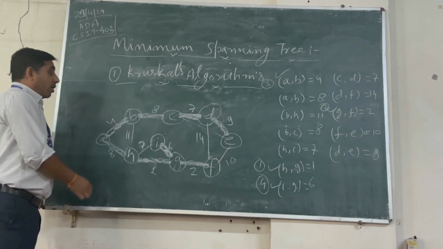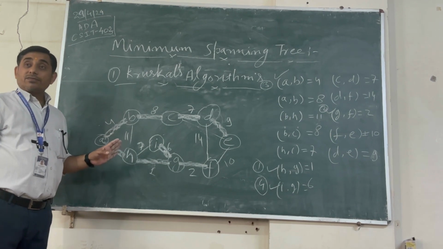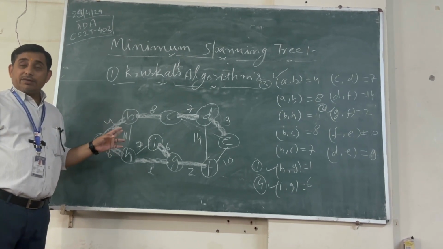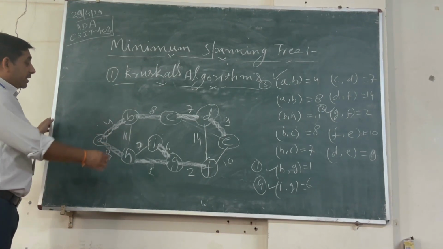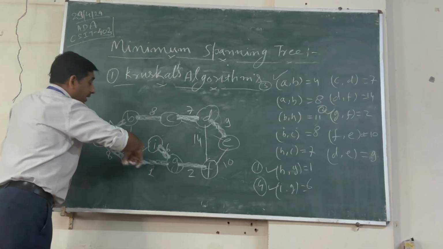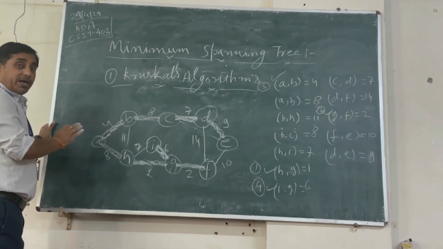So all the vertices are visited. Any vertex remaining? All the vertices are visited. Okay. And we calculate all the weights of the edges.